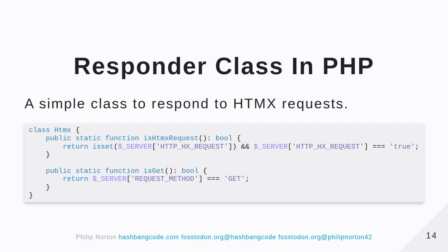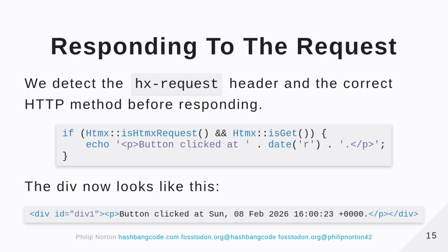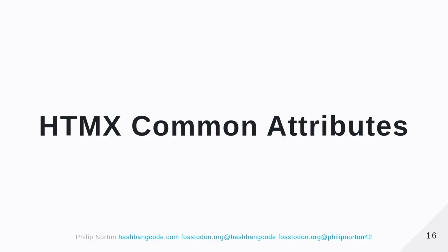I've written this as a kind of wrapper around interfacing the backend, which basically means I can simplify things. So we detect the HTMX request header coming in, and if it's a GET request, we respond with something like this. So this just makes it more dynamic. We're printing off the date. So when the user clicks the button, we print off the date and return that as a response. Right, that was it really.